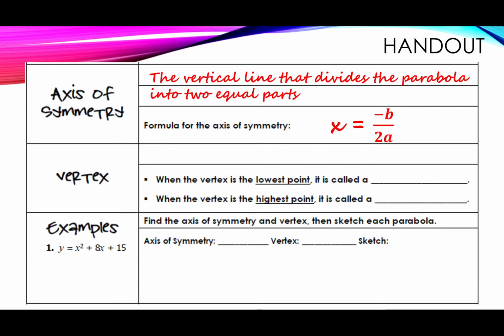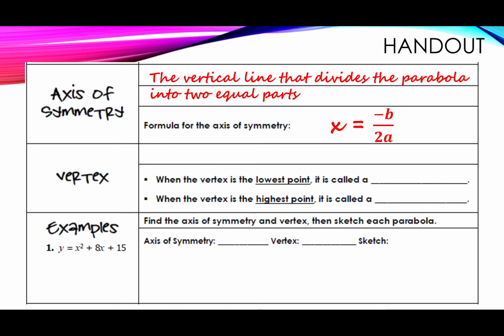From the standard form, ax squared plus bx plus c, you take the number in front of x, take the opposite sign, and put it over 2a, and you'll get your axis of symmetry. So x equals some number, a vertical line, and that's our symmetry.